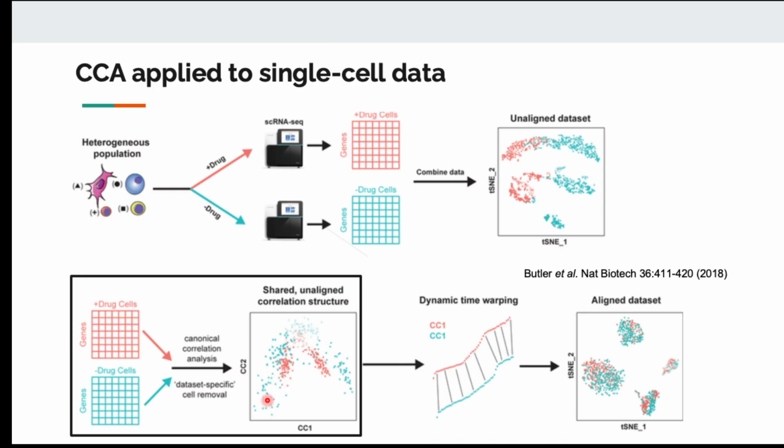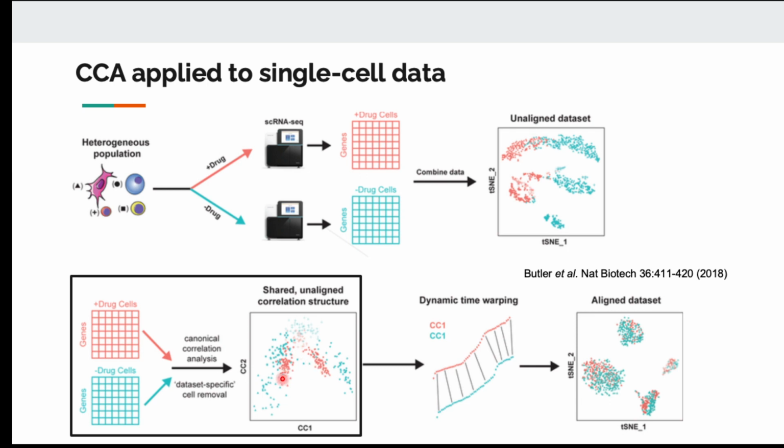So you have two time signals, one for the untreated condition and one for the treated condition. And based on the variance, you can see that the untreated, the blue cells, have more variance, so it takes longer time for you to go from one cell type to another cell type.